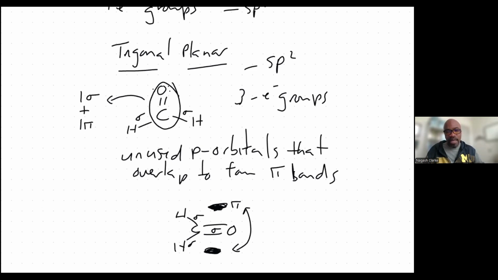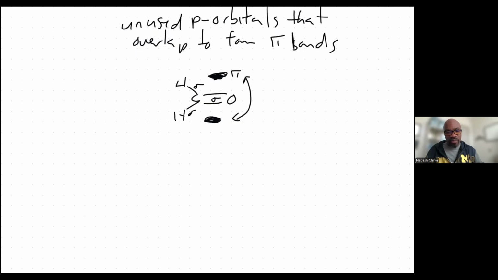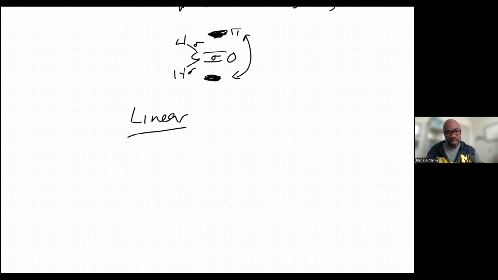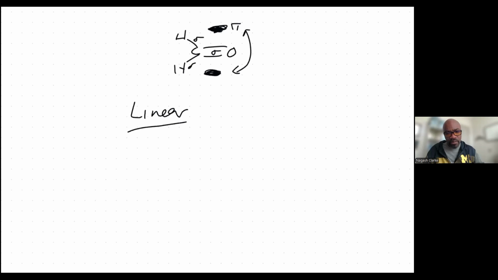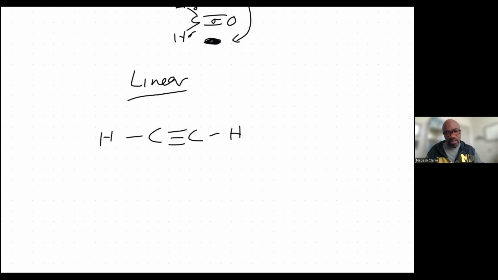Okay? And then the last one we look at is linear. So let's look at acetylene. Linear is sp, two electron groups. Any time you count two electron groups around a central atom, and we're focusing on the central atom.